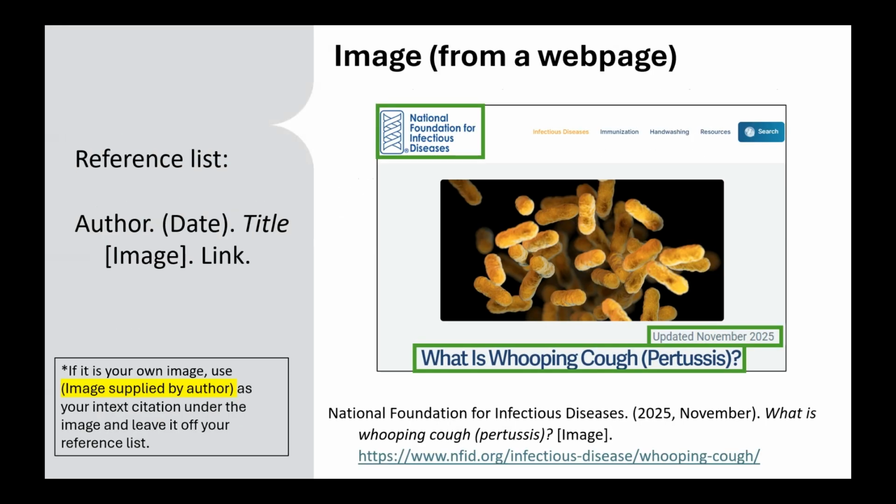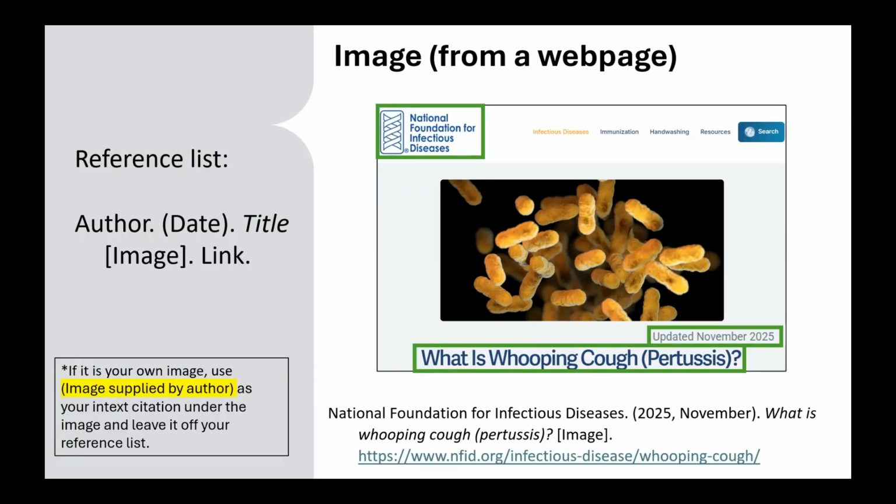To do a reference list entry for this image, it's similar to doing a web page. For example, we are listing the author, in this case, National Foundation for Infectious Diseases. We then have the date, the title of the web page, and then in square brackets, the word Image with a capital I, just to confirm that we are referencing the image from this web page.